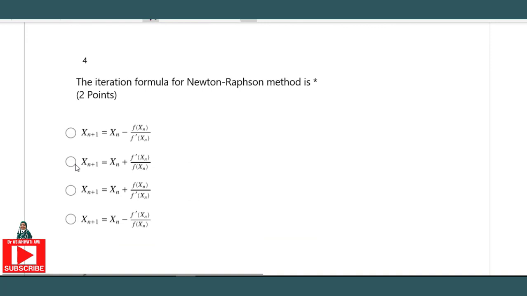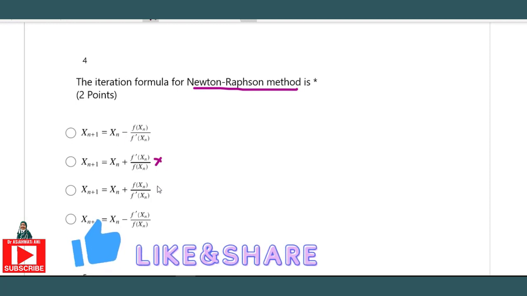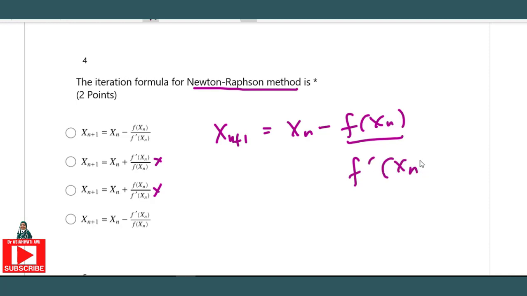Number 4, the iteration formula for numerical method: this one is minus, so this is not the option. x(n+1) equals xn minus f(xn) over f prime of xn. So this is the option.